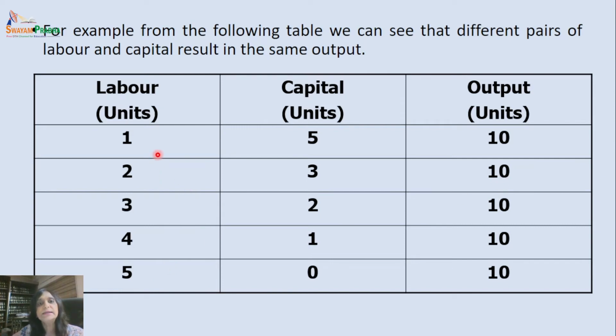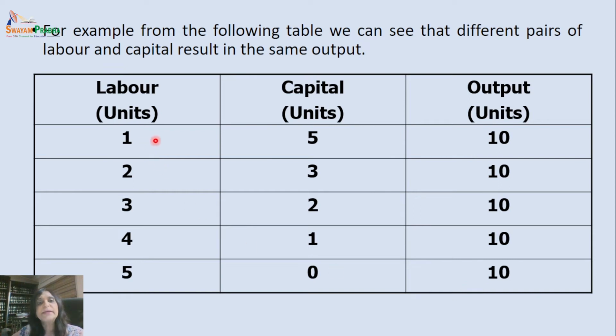What do we see here, learners? If you see carefully, as you increase the number of units of labor, the number of units of capital that you are using is falling. It is decreasing. All 5 combinations of labor and capital listed in this table are producing the same level of output.